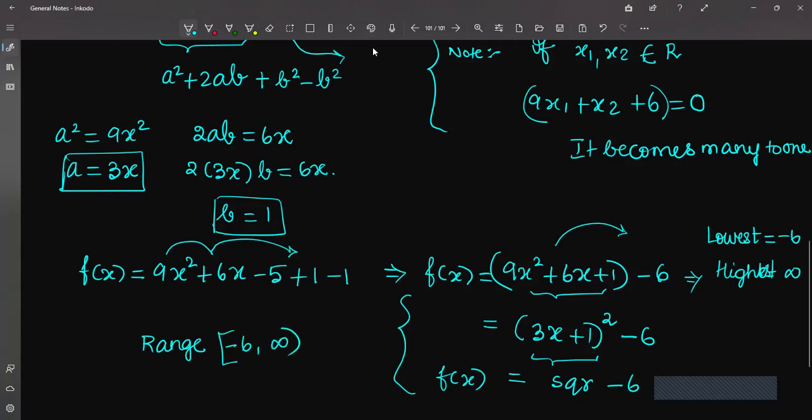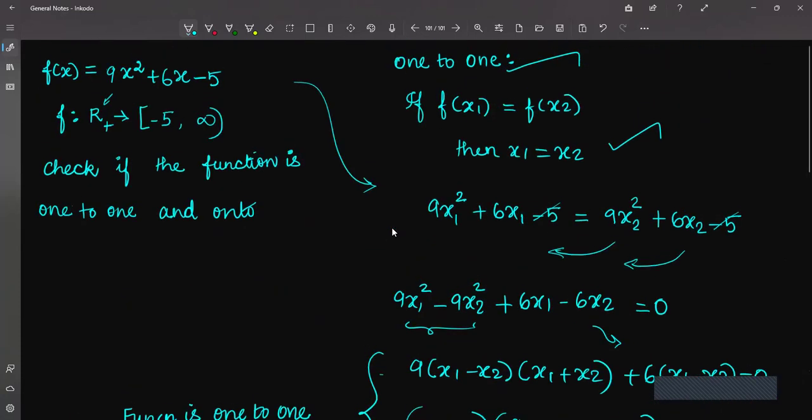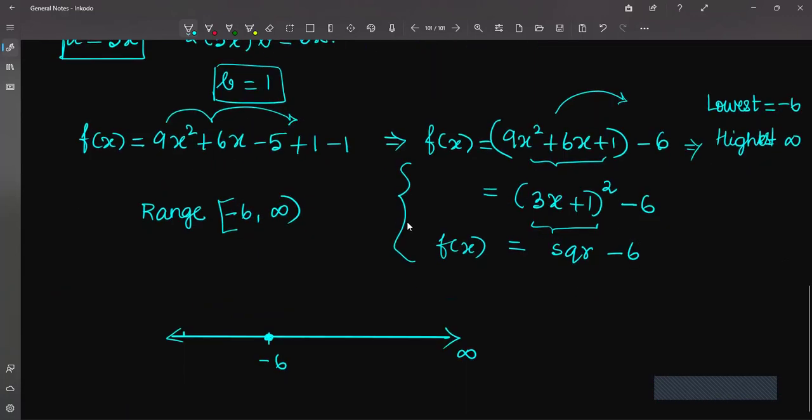I'm going to use the same number line method for this question also. The range starts from minus 6 to infinity, and I'm going to shade the point minus 6 also. The codomain in this question starts at minus 5 comma infinity, so we are going to start from here.